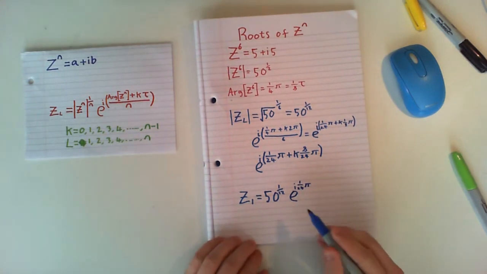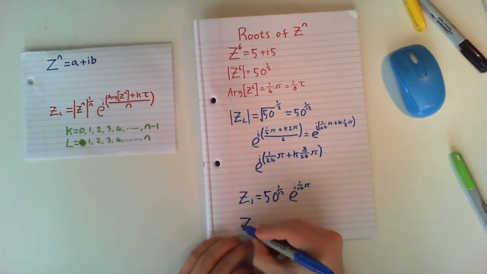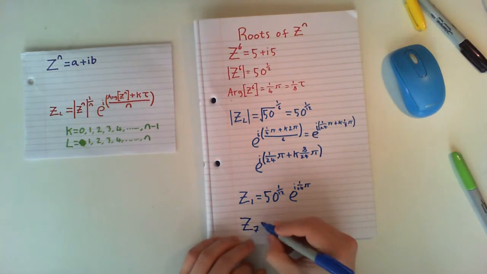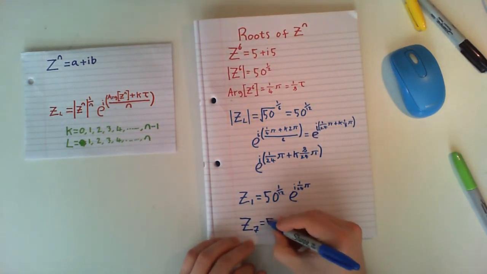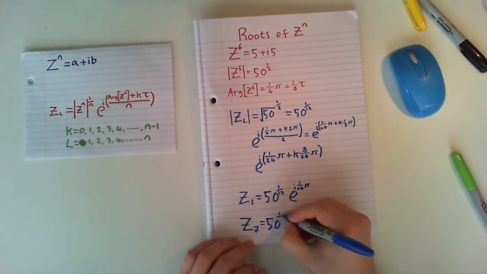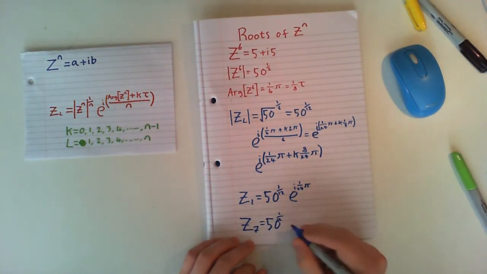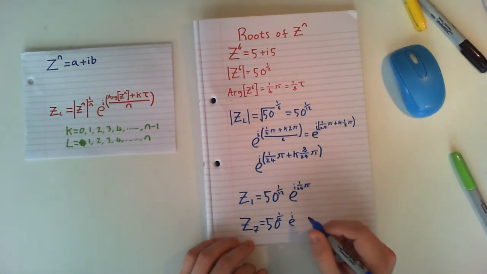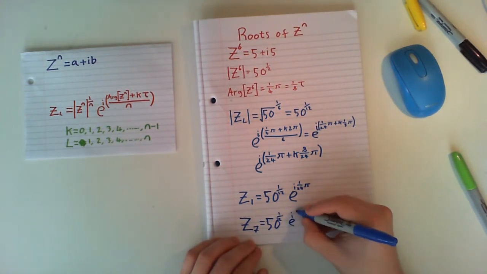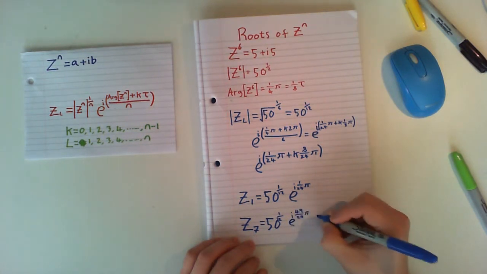until eventually what will happen is you'll get to z to the 7. Okay? And now we know there's only 6 roots, so why am I going for z to the 7? When we see z to the 7, you'll find it to be 50 to the 1 over 12, e to the i, and then it's going to be 49 over 24 pi.